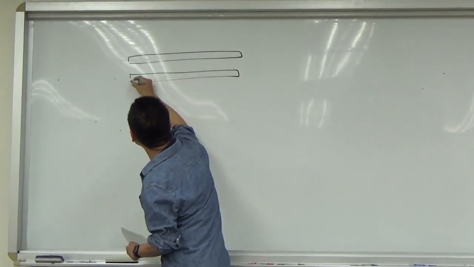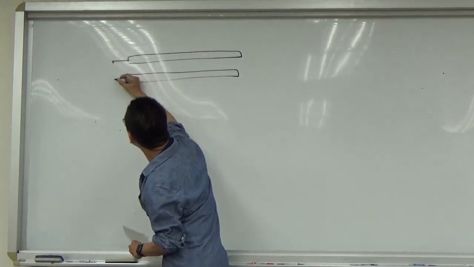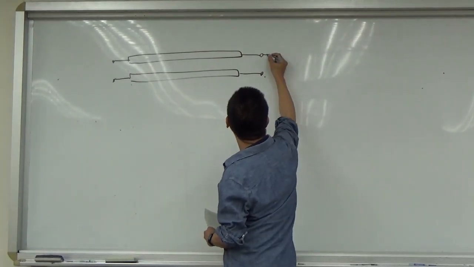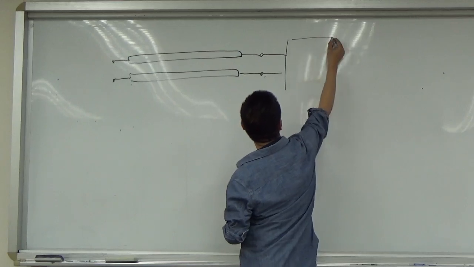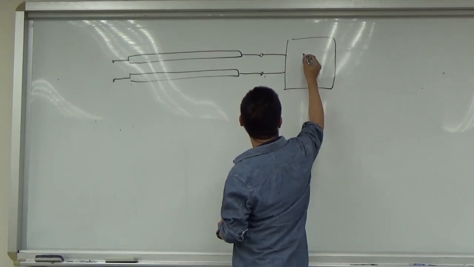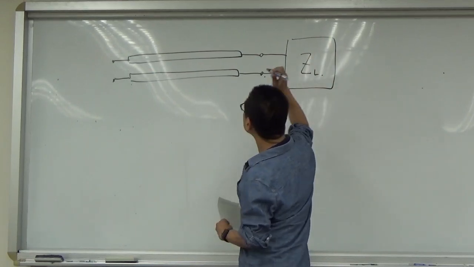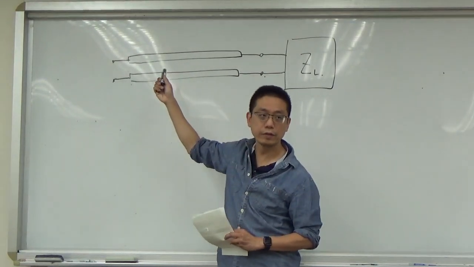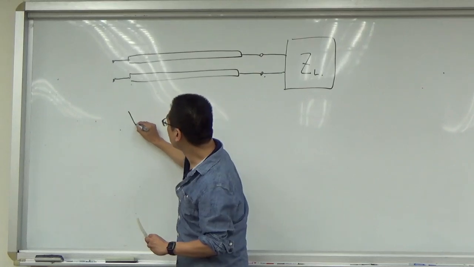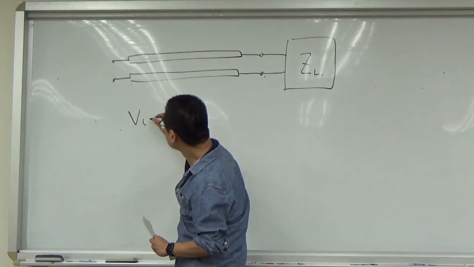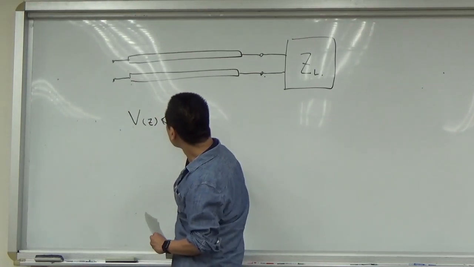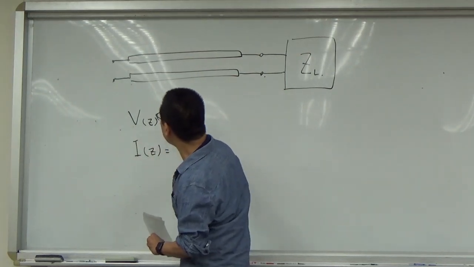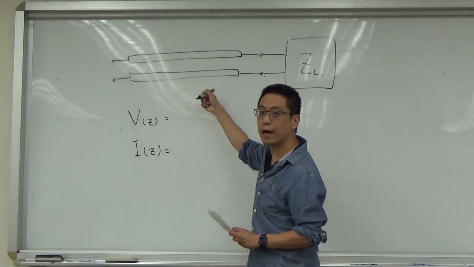As usual, I'm trying to describe the voltage and the current on a high frequency transmission line.